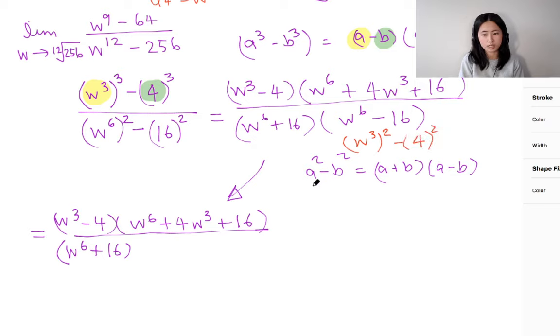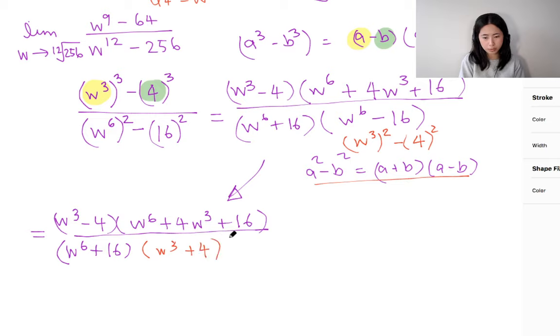So essentially, we're still applying this formula right here. Now that we have that, we can say that this is A, W cubed plus B, which is 4. Then you multiply this to W cubed minus 4.